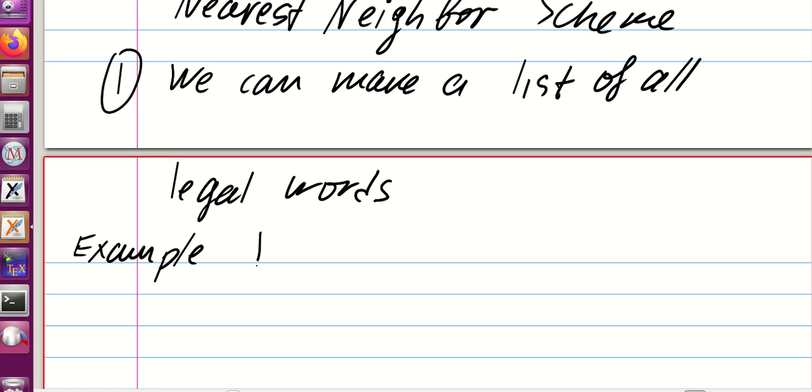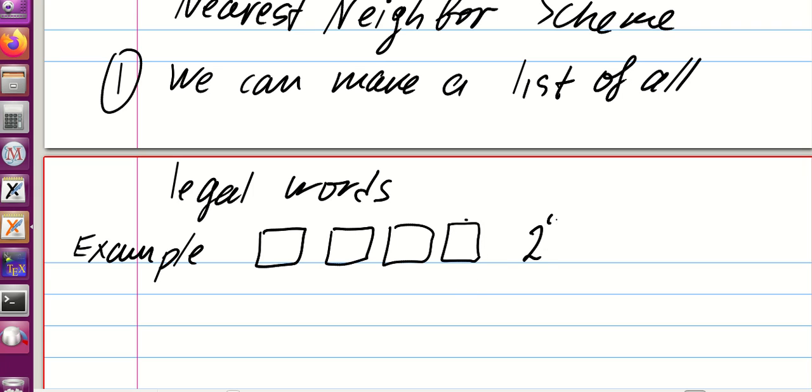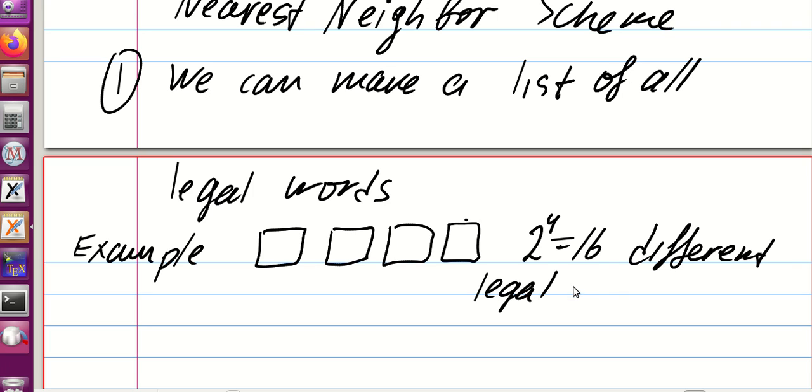So the example would be: we have four places, and for these 4 places we have 2 to the 4, which is 16, different legal words or messages. Why 2 to the 4? Because of the fundamental principle of counting.